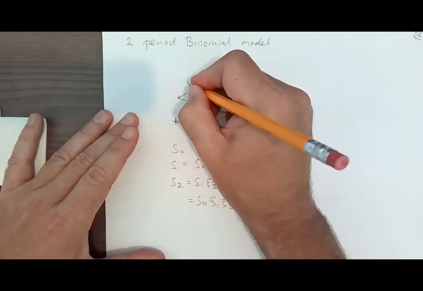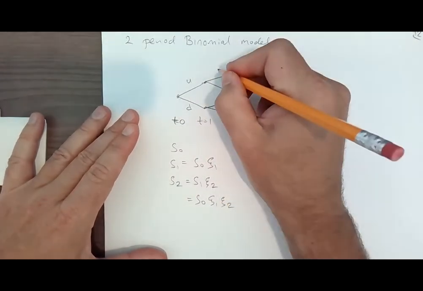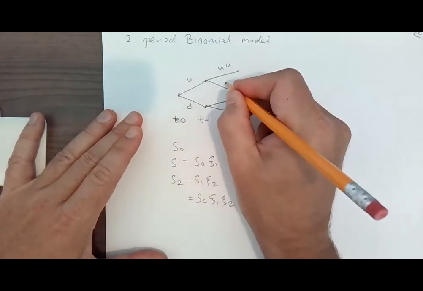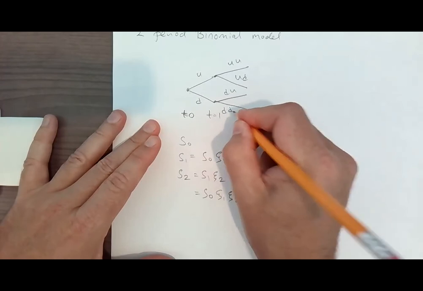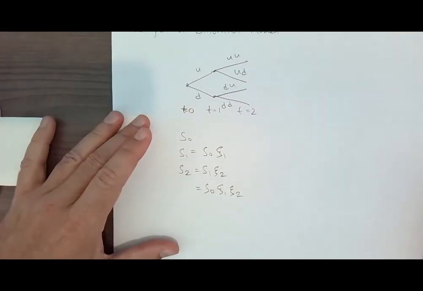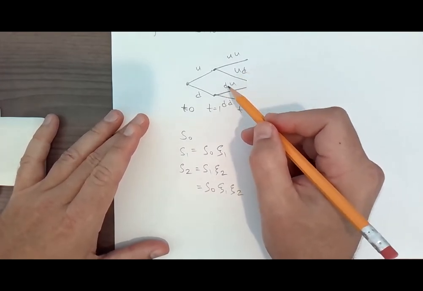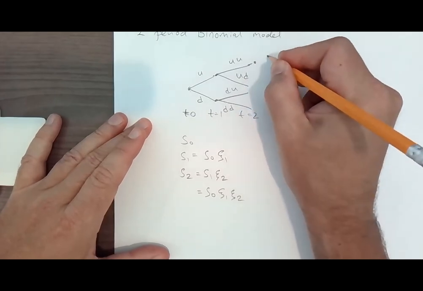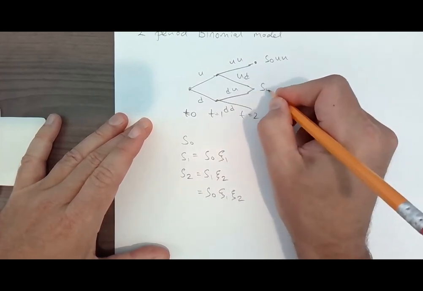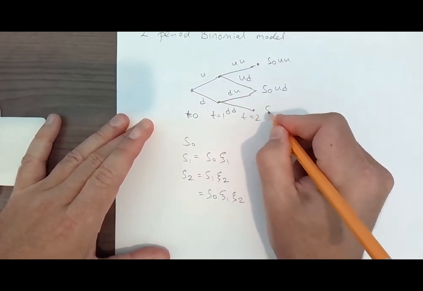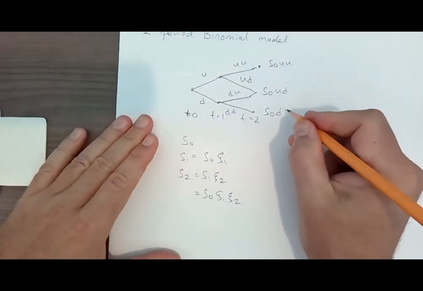This one here can be U, this one here can be D. Then the next one can be U or D. So this could be UU, and then UD, and then DU, and DD. Because U times D is the same thing as D times U, what we end up with here is S0 U squared, and then these two will combine back together. This would be S0 UD, and this one here would be S0 D squared.